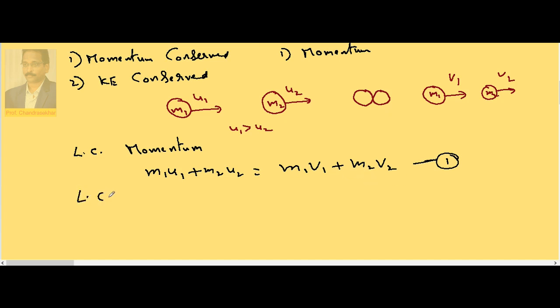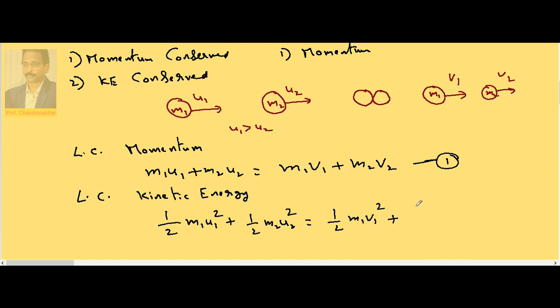Consider the law of conservation of kinetic energy. According to this, total kinetic energy before: half m1 u1 square for the first body, half m2 u2 square for the second body. This must be equal to total kinetic energy after collision: half m1 v1 square plus half m2 v2 square.